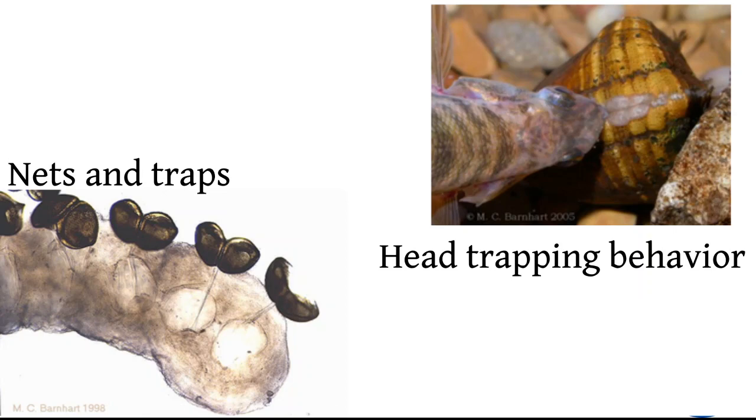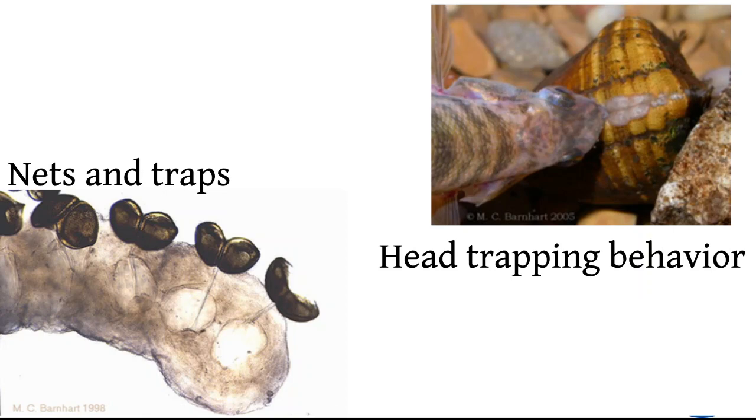Those glochidia can then attach to the fishes as they swim by and as they come into incidental contact with them. There's also a whole set, and I would encourage you to go have a look at these organisms. You can Google epioblasma, and look at the head trapping behavior that these organisms do.